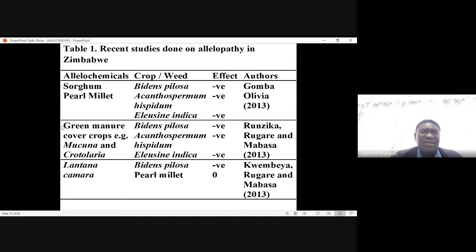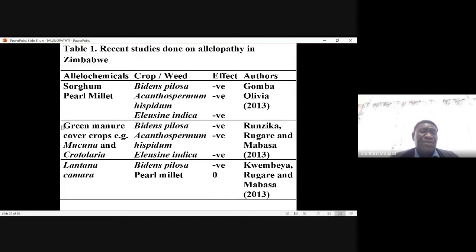We've got sorghum and pearl millet, which were found to have a negative effect on Bidens pilosa, Acanthospermum hispidum, and Leucine indica. These were actually suppressing these weeds.